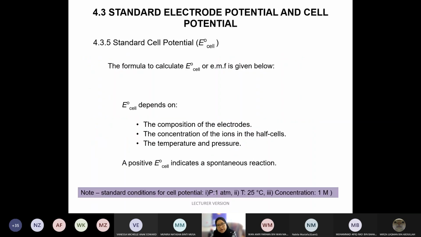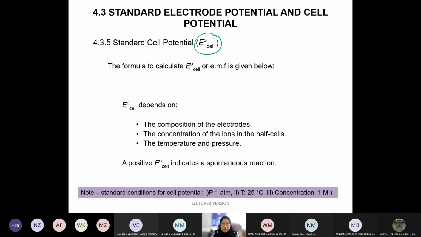Okay, moving on. We are going to start the calculation part. We are going to learn how to calculate the standard cell potential, or in short, it can be written as E naught cell.